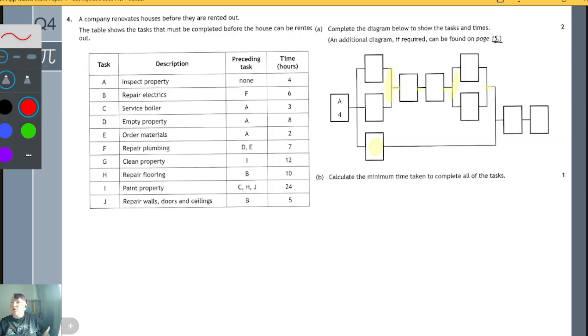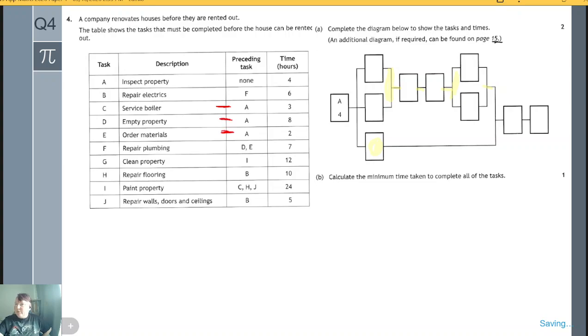So we have got C needs, D needs, and E needs A before it. F needs D and E before it, so it needs 2 things before it. So F is going to go in here, and F takes 7.